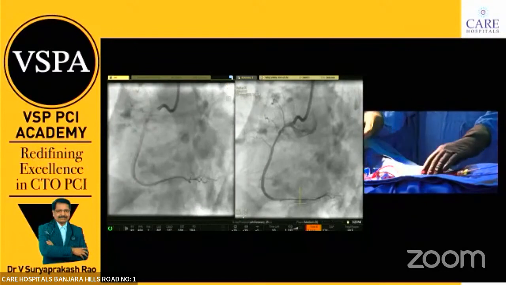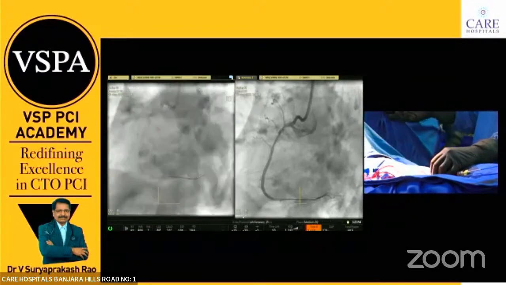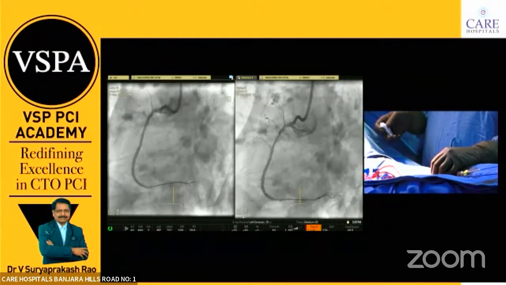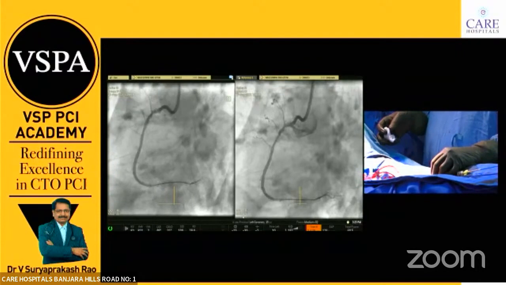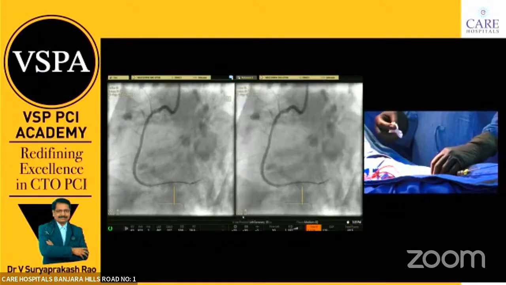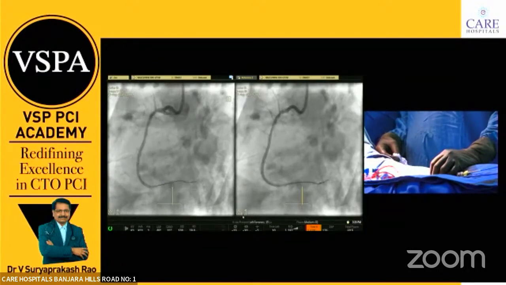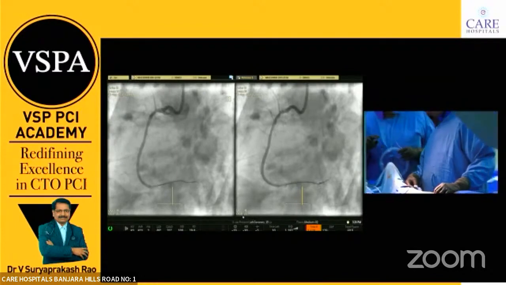The mechanism is that it creates longitudinal cuts, and the cuts are only dissection. So nowadays, I move to some degree of metal-free PCI. In those cases, these cuts are very important. So we use the Wolverine to cut, and for the drug to go in and act.